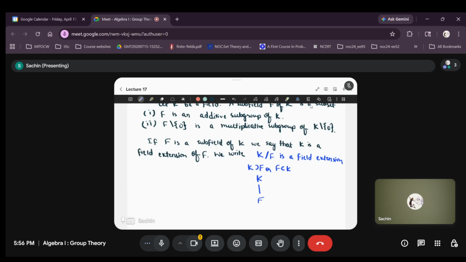Only fields we call them field extensions. Other structures we don't have that kind of name.